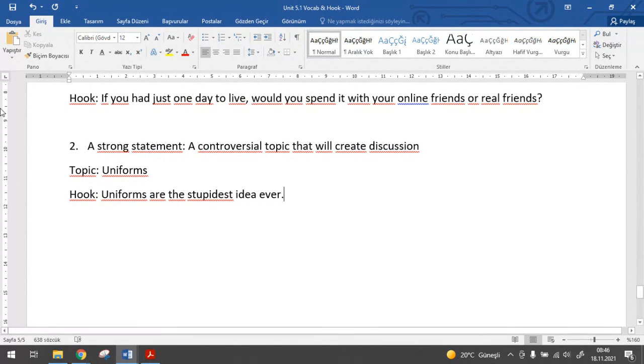And so that's a very strong statement. You can directly understand the writer's opinion. The writer hates uniforms. And then, of course, he must support this idea.